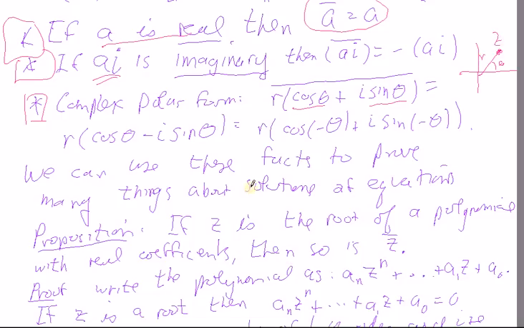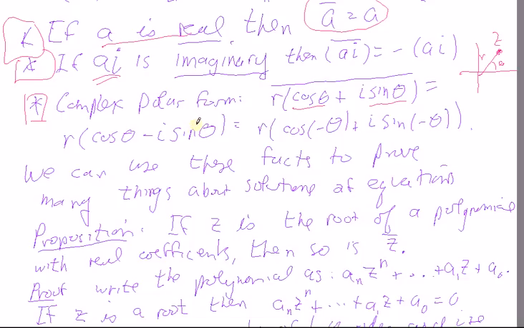Okay. So if I take the complex conjugate of this, well, I can use the rule that the complex conjugate of a sum and product is equal to the sums and products of the complex conjugates. You can work this out, that the complex conjugate of r is r, complex conjugate of cosine theta is cosine theta because it's a real number. Complex conjugate of i sine theta is minus i sine theta.